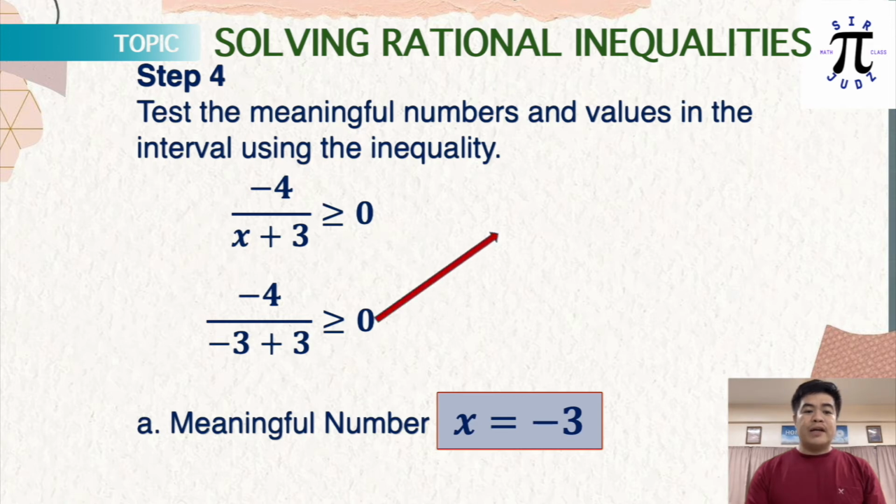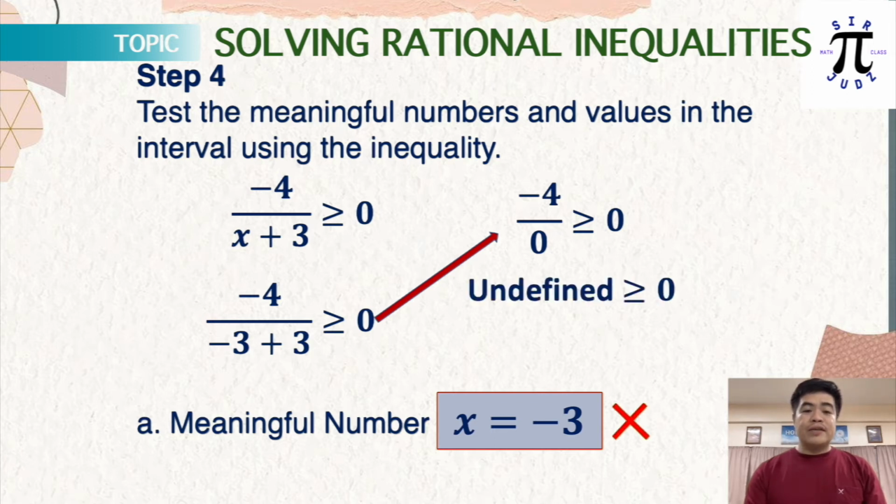Negative 3 plus 3, so you will have 0. So, you can write it as negative 4 over 0 is greater than or equal to 0. Since negative 4 over 0 is undefined, of course, undefined is not greater than or equal to 0. So, we can say that the meaningful number, negative 3, cannot be the solution of our inequality.